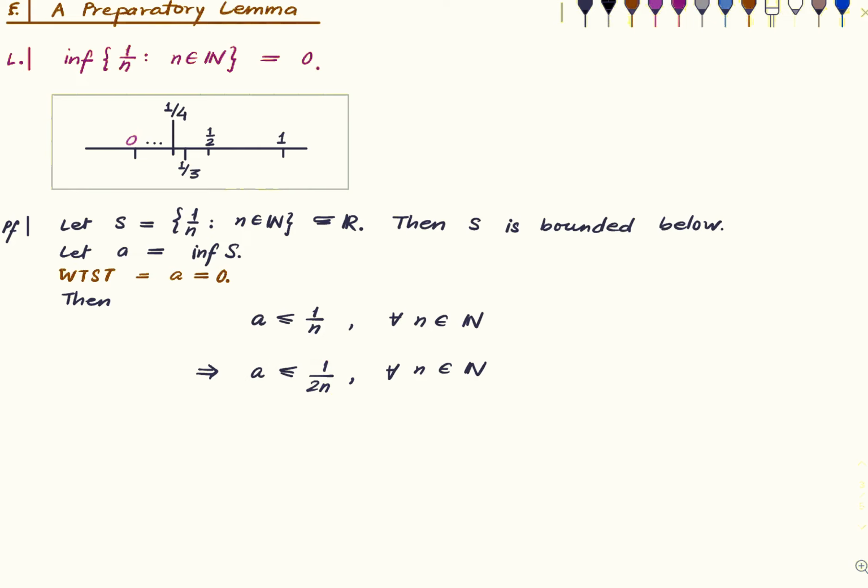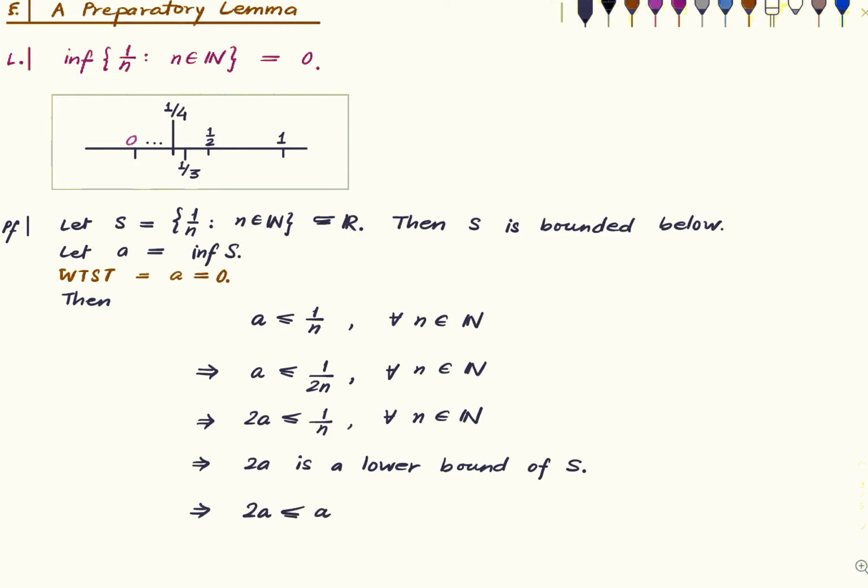Okay? This implies twice of A also satisfies this, which implies twice of A is a lower bound. And since it is a lower bound, it will be dominated by the greatest lower bound, which is A. Right?